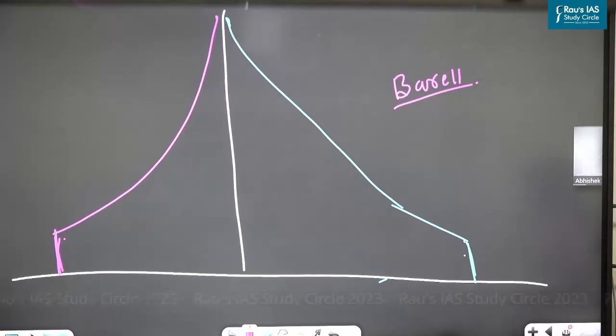So there is a very good demographic window that can become a demographic dividend. Okay, this is stage 3.